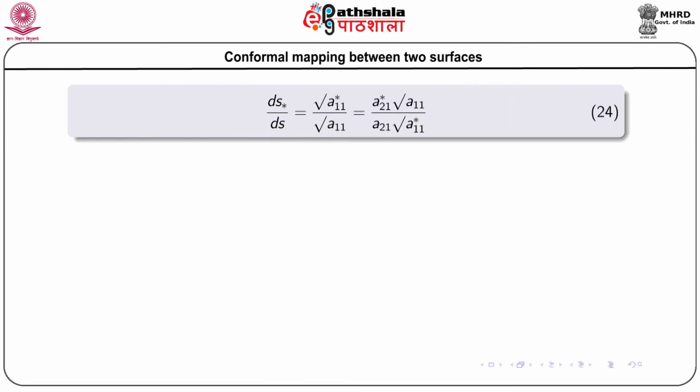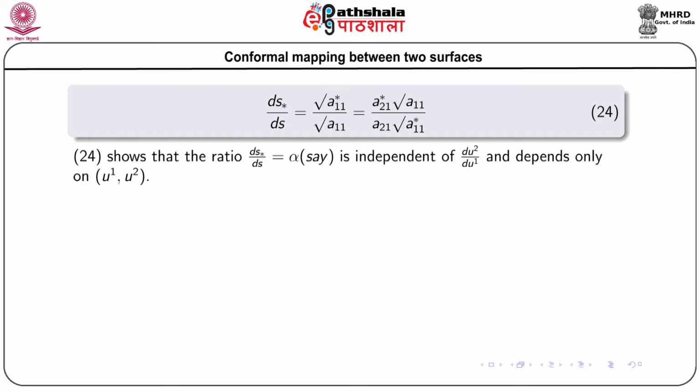So, by these two relations we get ds star by ds equals root A11 star by root A11, and that is equal to A star 21 root A11 by A21 root A11 star.